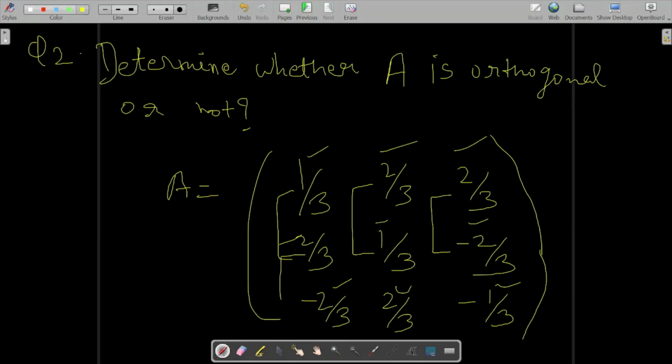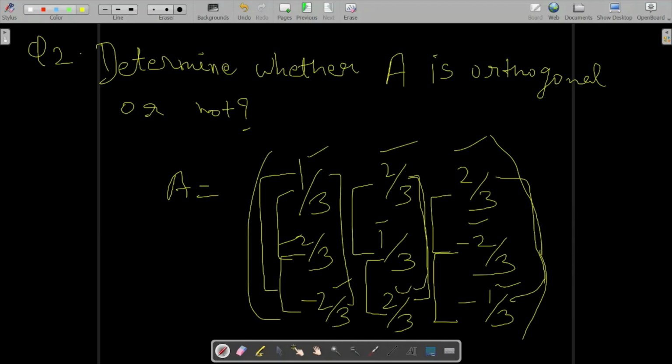Then again product of these two plus product of these two plus product of these two, that should come out to be 0. Then the last pair of rows, product of these two plus product of these two plus product of these two, that should also come out to be equal to 0.